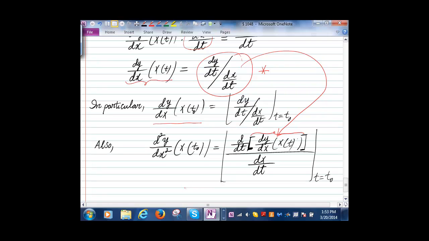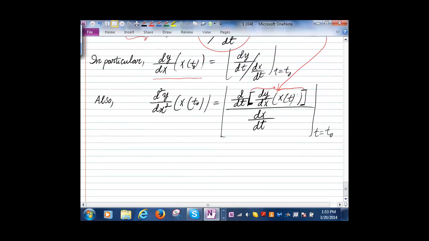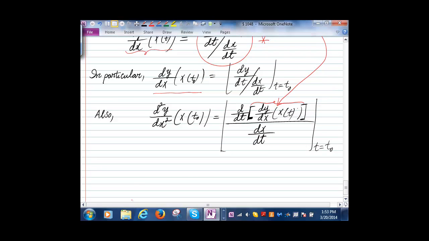And the second derivative is given by this formula here, where the second derivative of y with respect to x evaluated at x of t0 is given by the fraction on the right.